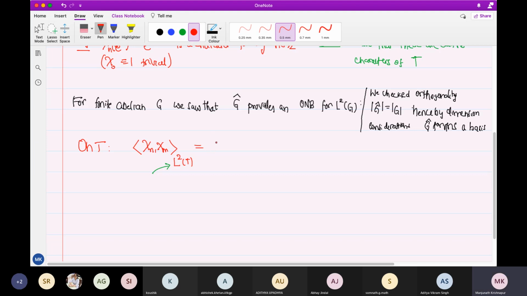What I mean is always the integral of chi n of e to the i theta times chi m bar of e to the i theta, d theta over 2 pi. I always take the measure to be d theta over 2 pi. So L2 of T will always have this normalized Lebesgue measure.